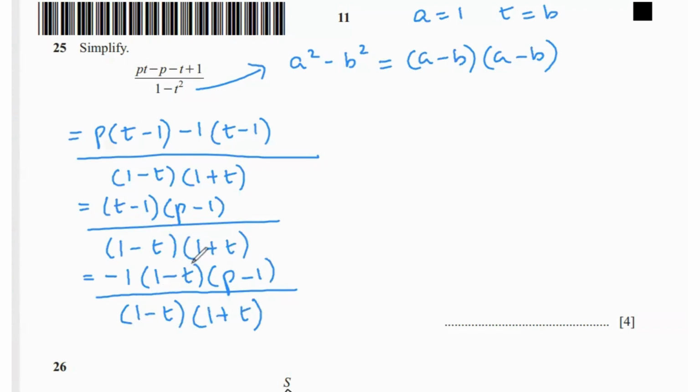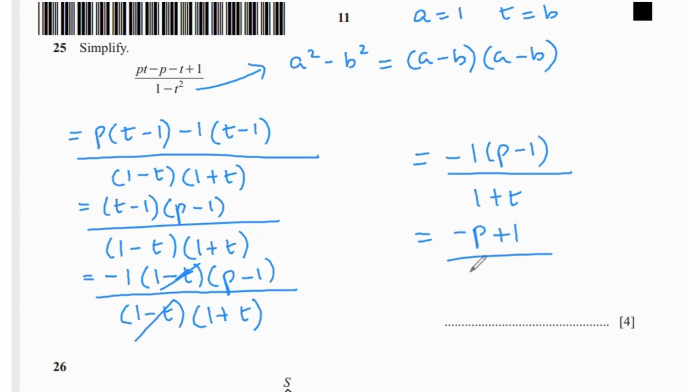As you can see, there's a 1 minus t in the numerator and denominator, so we can cancel it out and we're left with negative 1 times (p minus 1) over (1 plus t). So minus 1 times p is negative p, and minus 1 times negative 1 is plus 1. So negative p plus 1 over 1 plus t is your final answer.